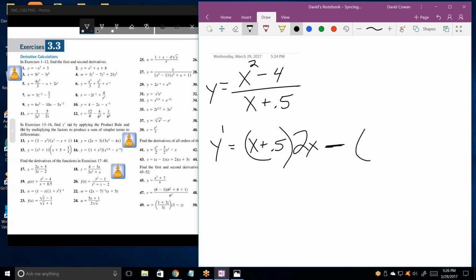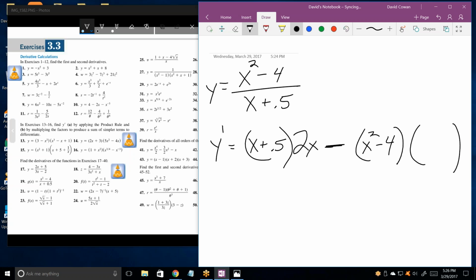So what's the next part going to be? The reverse of the first part. Remember what the first part was. The bottom times the derivative of the top. So what's the second part got to be? Top times the derivative of the bottom. Okay, there's the top.